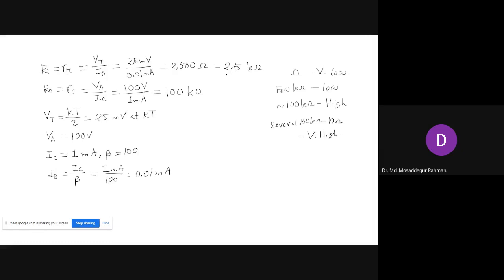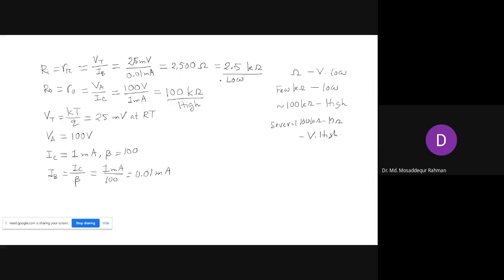So from this definition, we can say that the common emitter amplifier has a low input resistance. The output resistance, we have around 100 kilo ohm, so that can be considered high.